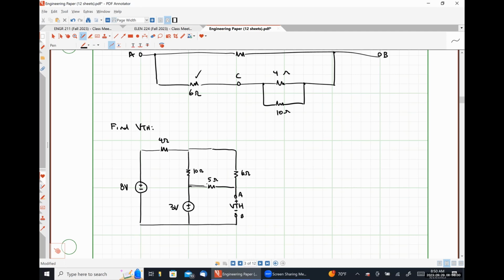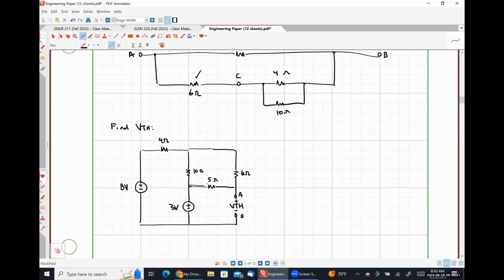I don't know any of the currents, and every path that I can think of has at least one resistor in it, so KVL by itself probably isn't enough. Nodal is easier. Yes.